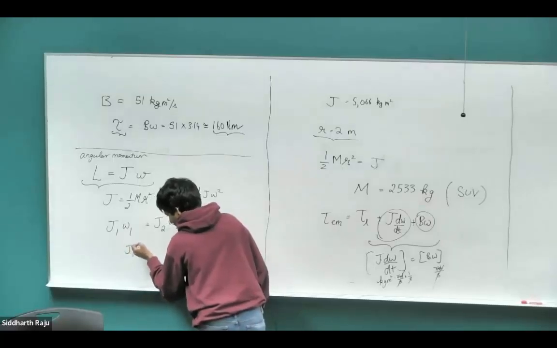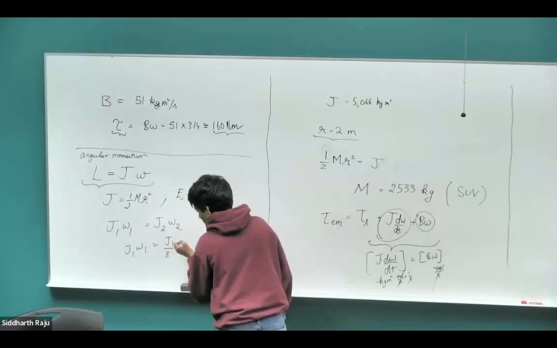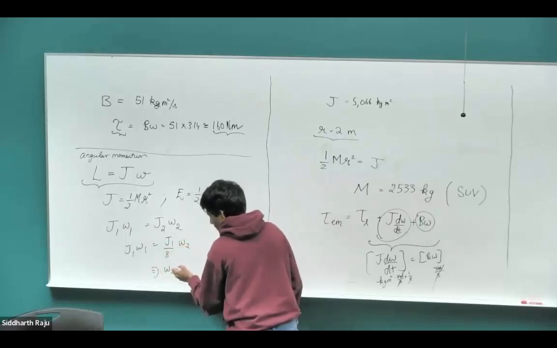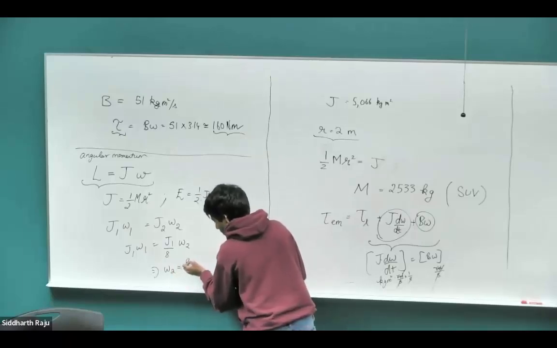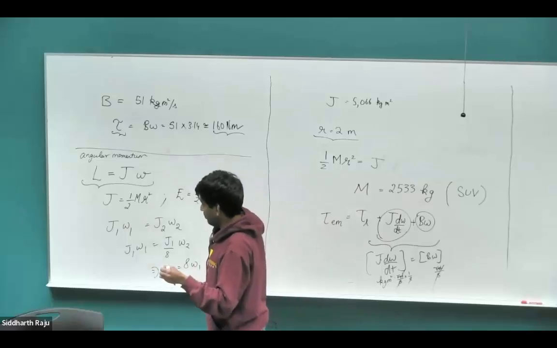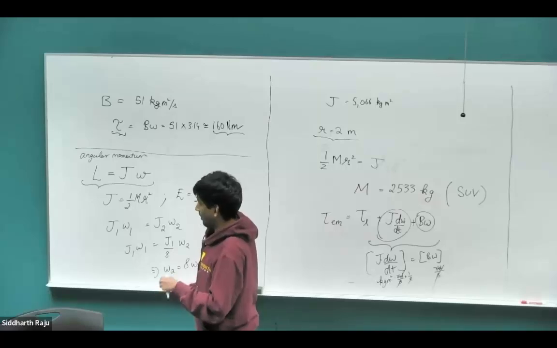So J1 omega 1 equals J1 divided by 8 times omega 2, which implies the speed at which this figure skater would rotate when their hands are collapsed over their head would be 8 times what it was when their hands were stretched outwards. Alright, so that's how they do this particular trick.